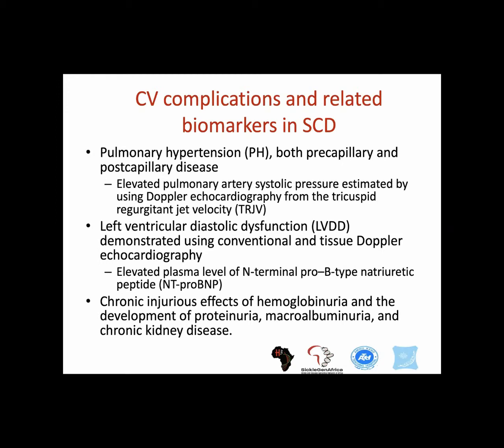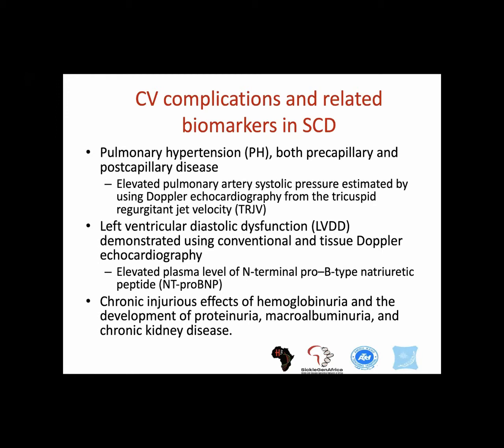Typically, pulmonary hypertension is identified using echocardiography, measuring the pulmonary artery systolic pressure estimated by Doppler echo studies using the tricuspid regurgitant velocity, which most people are familiar with. And LV dysfunction, either systolic or diastolic, can also be demonstrated by echo.